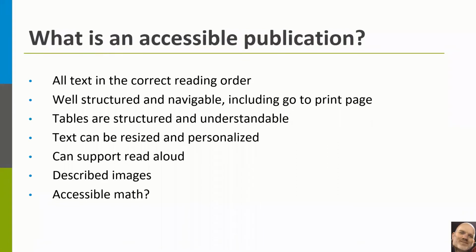Students who are using assistive technology or individuals who just wish to jump to another portion of the text will need to jump quickly to that page number using the table of contents or using the go-to page feature in an ePub.